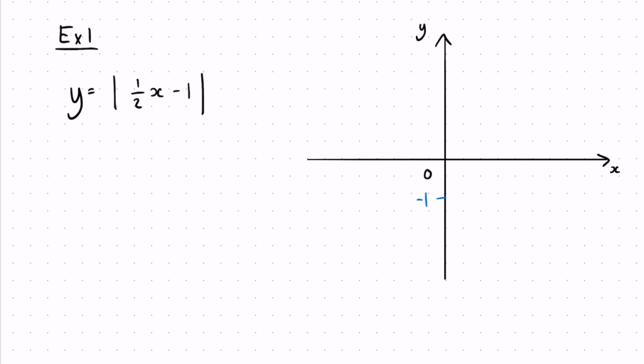Because it's a half x, for every one along it's going to go half up, so it's going to go one along, half up, one along, half up, to cross the x-axis at 2. So our normal graph, y equals a half x minus 1, would look something like that.